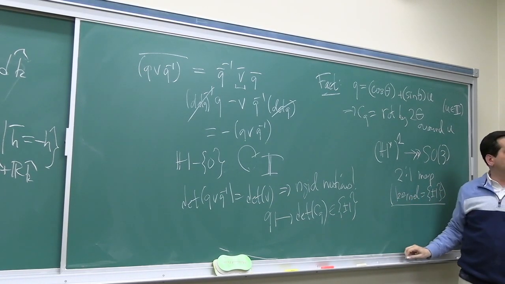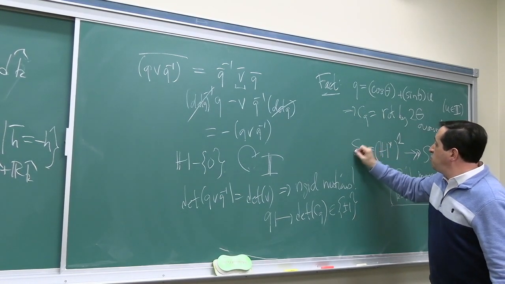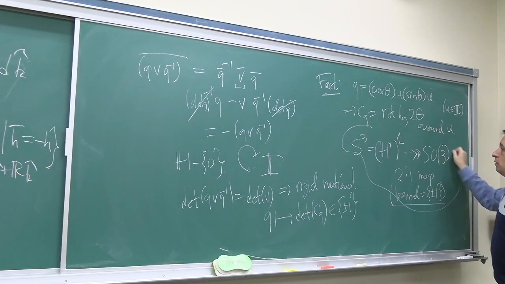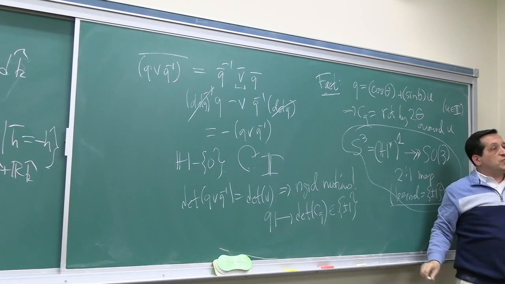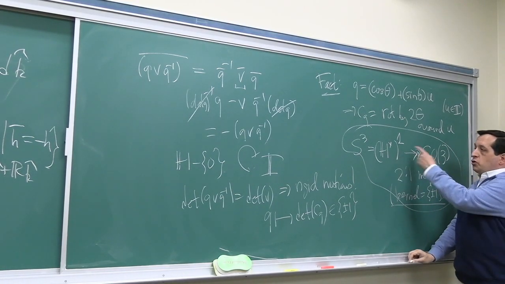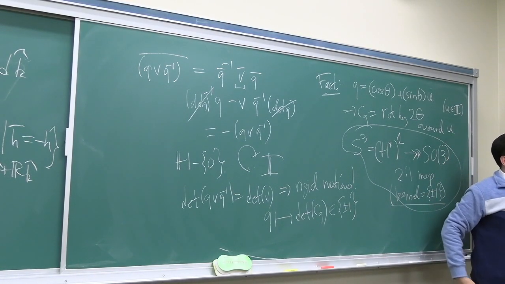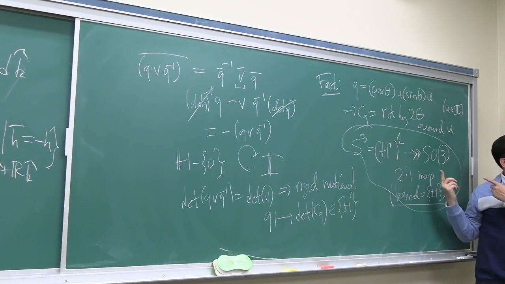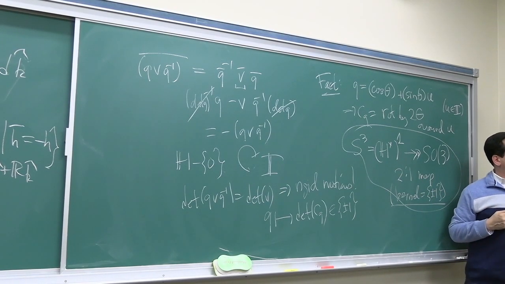It's just a direct calculation. But this is the sphere in R4. So, the sphere in R4 is a 2-to-1 cover of the space SO3 via this quaternionic conjugation operation.